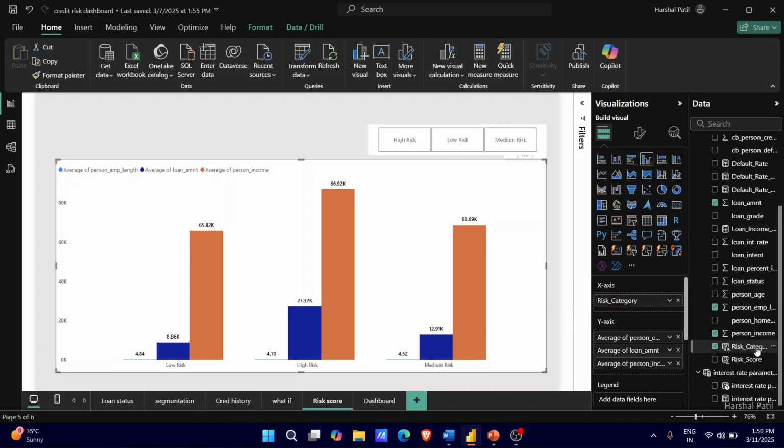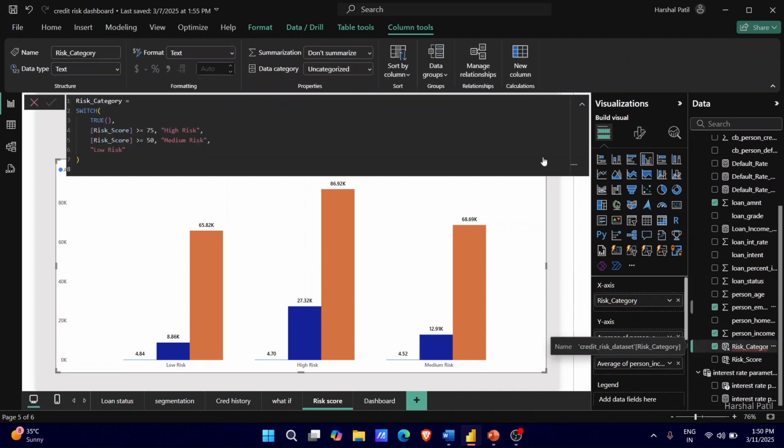what we have done is we have created this risk category where we switch on risk score. If the risk score is greater than or equal to 75, it's high risk. If the score is greater than or equal to 50, it's medium risk, or else it is low risk.